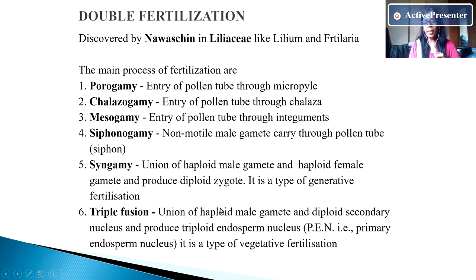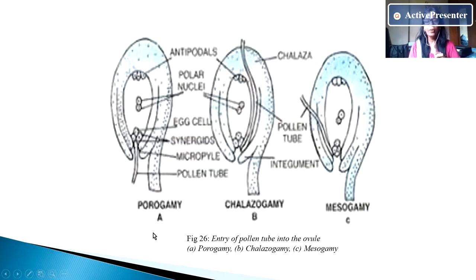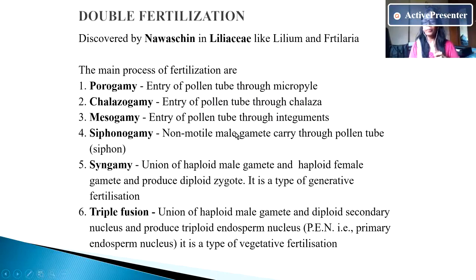The second male gamete, which is haploid, and the diploid secondary nucleus present at the center of the female gametophyte fuse. This triple fusion, the union of a haploid male gamete and the diploid secondary nucleus, produces the triploid endosperm nucleus, the PEN, primary endosperm nucleus. It is a type of vegetative fertilization. So triple fusion is vegetative fertilization, and syngamy is generative fertilization.